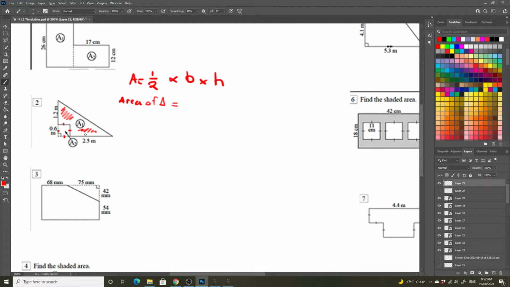We have not been given the base or the perpendicular height, but we can work them out, because we know that the base is going to be equal to this length here, which is 2.5 meters, plus this length here, which we worked out is equal to 0.6 meters.